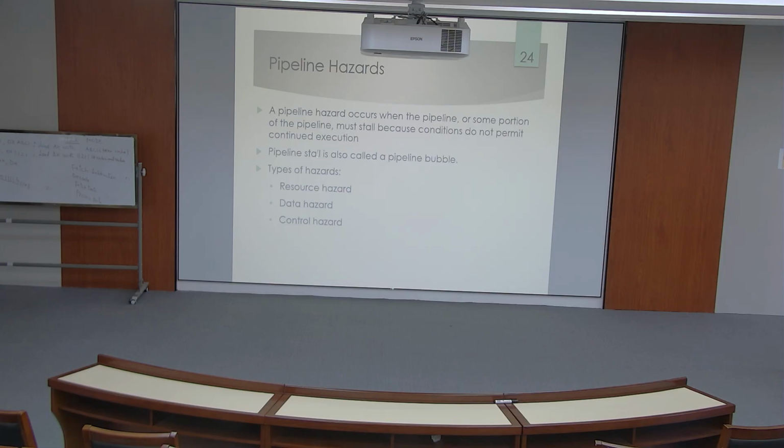Like there is resource hazard, where they need access to the same resource, memory for example, or data hazard, when one instruction needs to wait for the first instruction to be done before continuing its operation. This we call dependent instruction. We also have control hazard. We're going to talk about this in our next class.